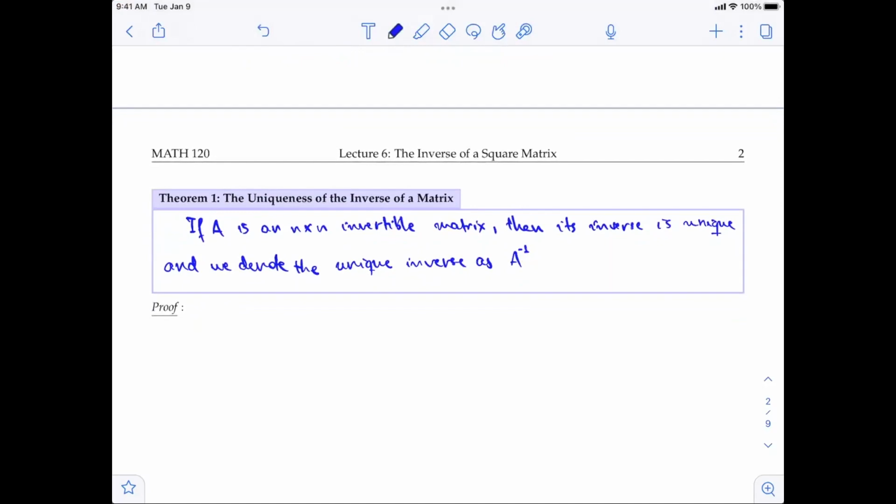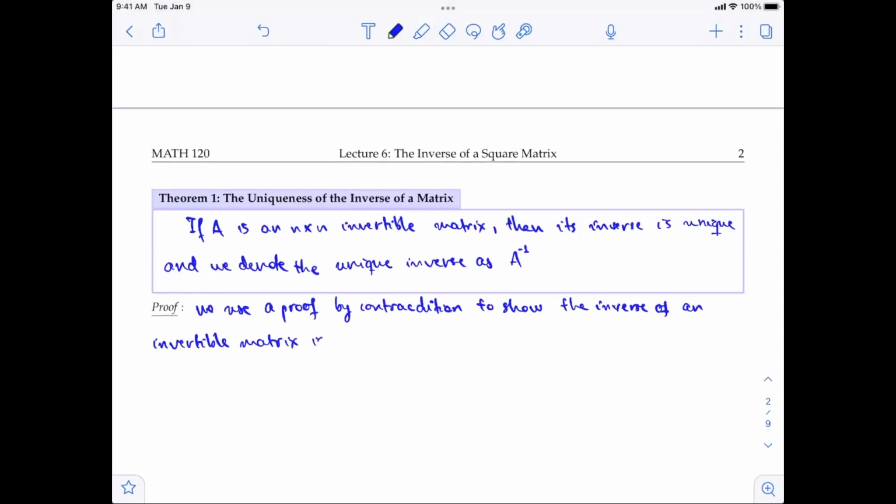We use a proof by contradiction to show that the inverse of an invertible matrix is in fact unique.